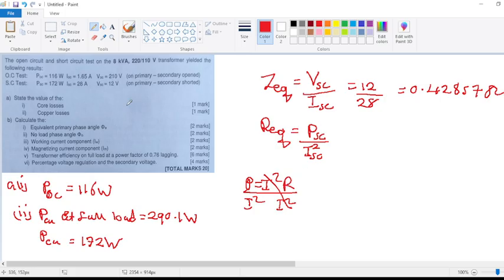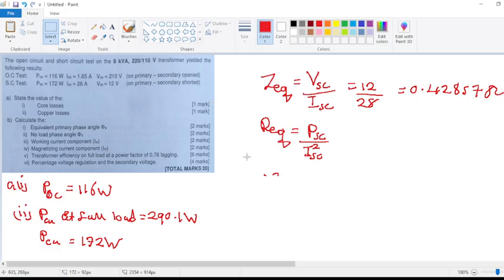Since the readings have been done on the short circuit side, we short circuited everything, and we want to calculate the equivalent resistance which is taking place there. It's just a matter of substituting.